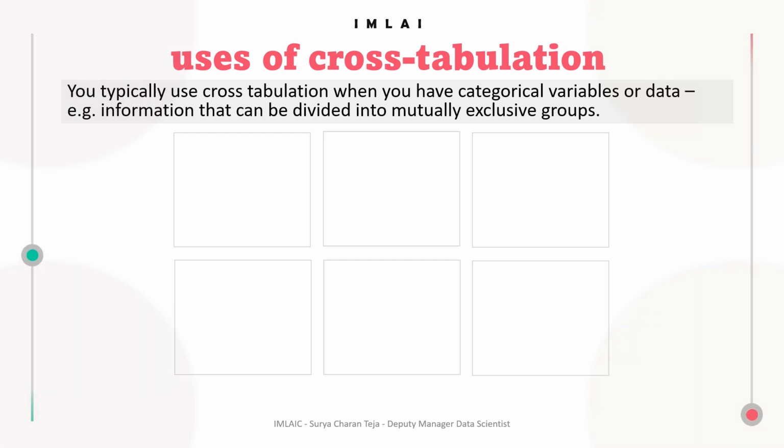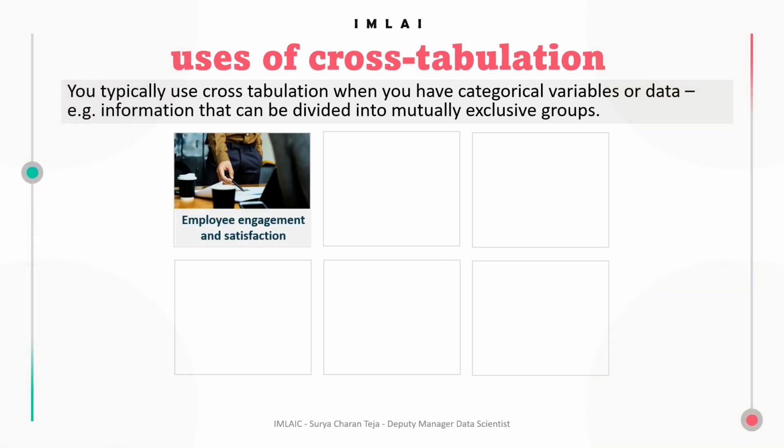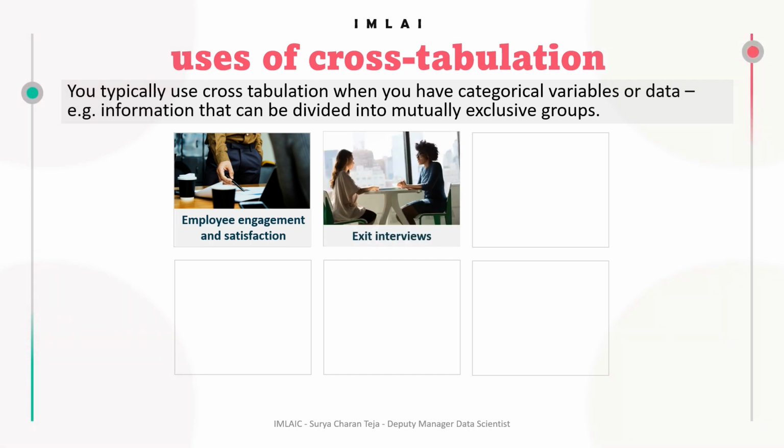The first one is employee engagement and satisfaction. So you might want to assess how employees, both male and female, feel about their job roles currently. You could even conduct this research across departments and compare two or more variables to get a better understanding. Then exit interviews.